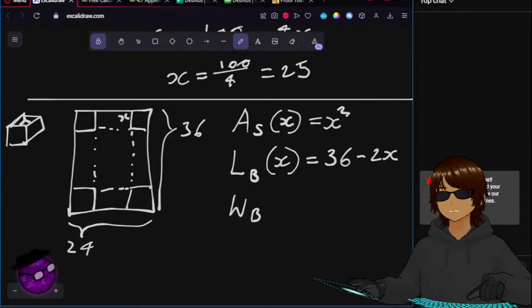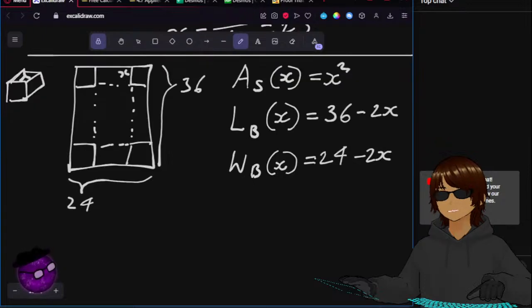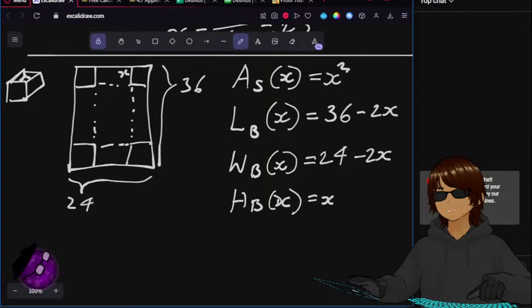Width of the box is 24 minus x from both sides. And then the height of the box given x is x. So you're going to fold up the flap.